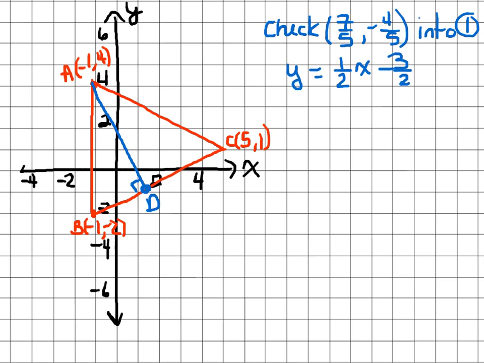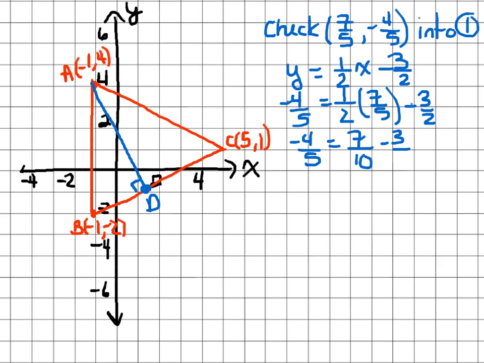So I have -4 over 5 equals 1/2 times 7 over 5 minus 3 over 2. So I have -4 over 5 equals 7 over 10 minus 3/2.